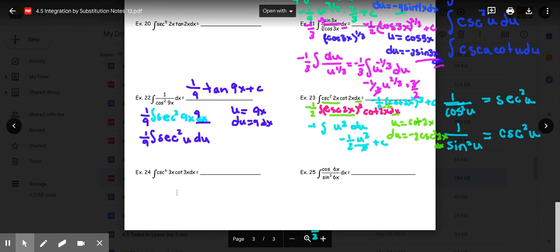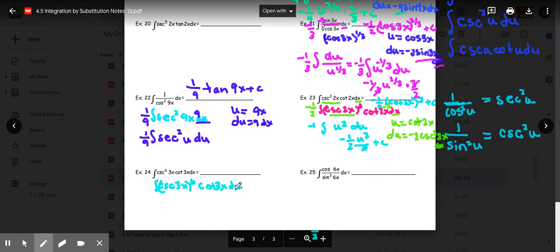All right, now, with example 24, I'm going to rewrite this. It doesn't look like one of these. It looks similar to the last one, but this is not raised to the 6th power. So I'm going to rewrite this as cosecant 3x, the whole thing to the 6th power, times cotangent 3x dx.